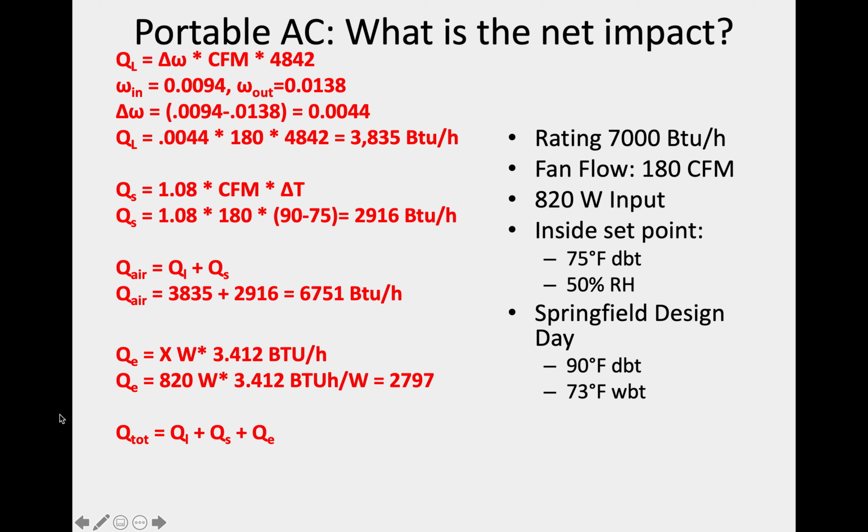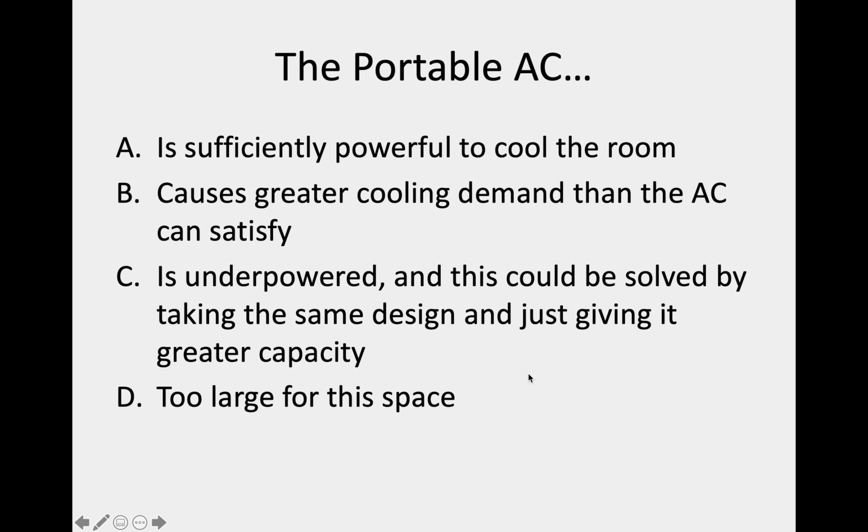And so the total heat we have to remove is the latent heat, the sensible heat, and the electrical heat. So we just add all those together, and that's 9,584 BTUs per hour. Now keep in mind the rating for the equipment is that it's only capable of removing 7,000 BTUs per hour. So here's my question for you.